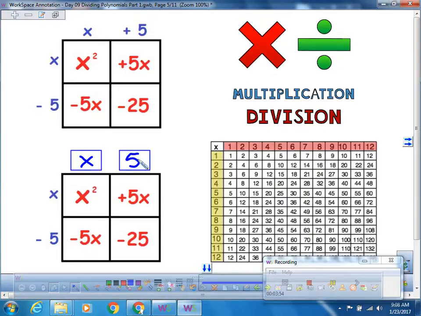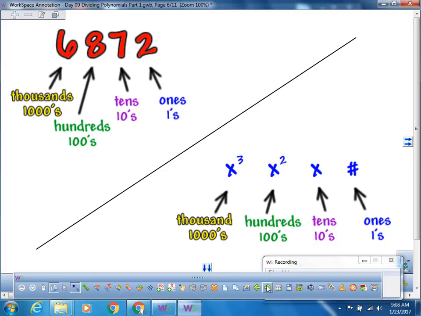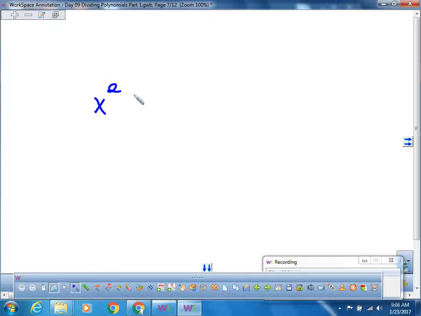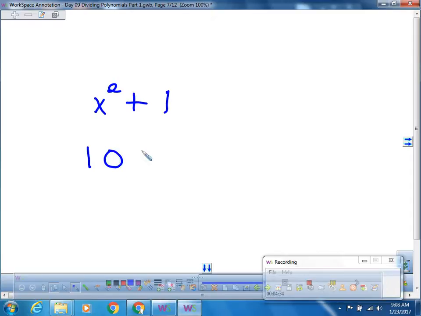Now we're going to do this with your standard division. Just like you had a thousandth place, a hundredth place, a tenth place, and a ones place, you have the same place markers with variables. So you need to treat them like that. For instance, if I have x squared plus 1, that's like writing 101.